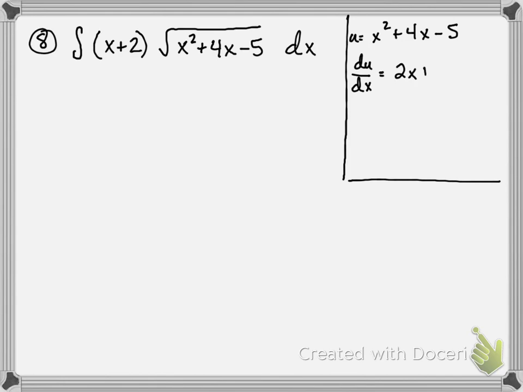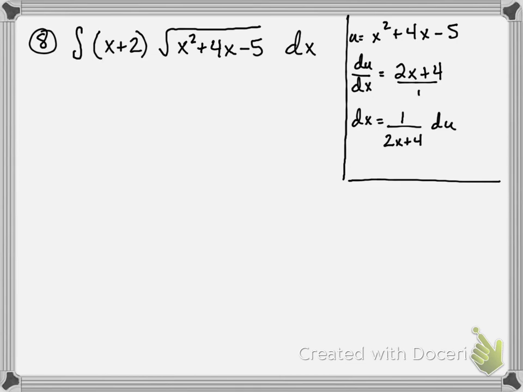No, 2x plus 4. You're right. 2x plus 4, and that's over 1. So we do our usual deal where we flip it over: 1 over 2x plus 4 du.